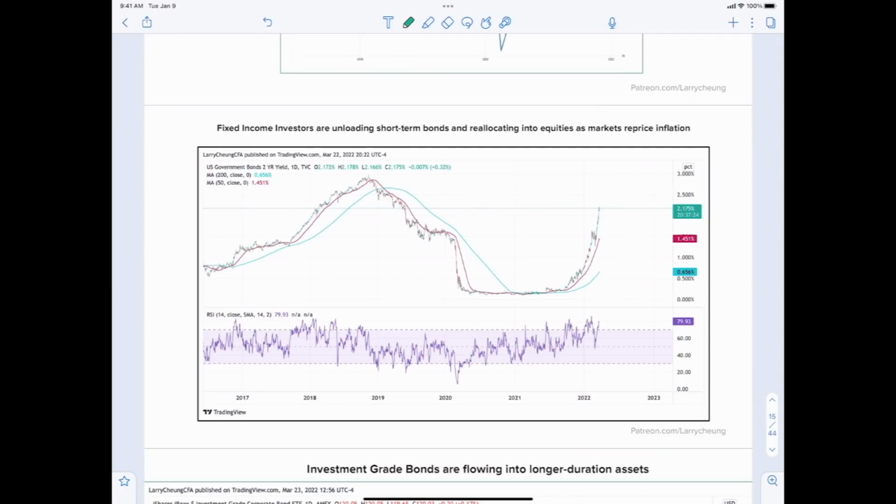Now I want to talk about why I think the equity markets have risen so quickly over the last several weeks. And that's because fixed income investors have been selling their bonds since inflation is still running very hot. And with rates rising, fixed rate investors do not want to stay locked into their fixed income instruments. And so they're selling their fixed income assets and buying longer duration assets such as equities.